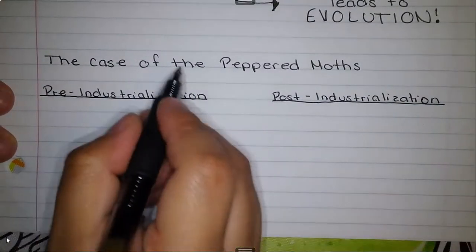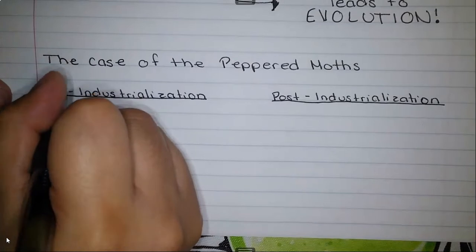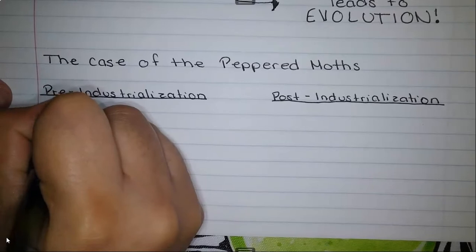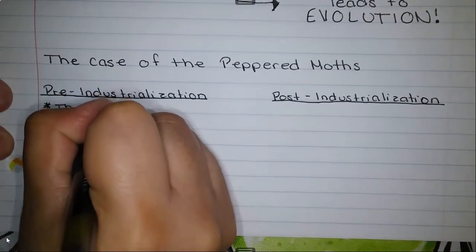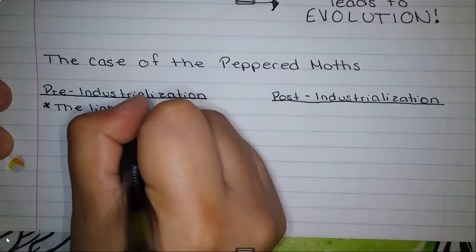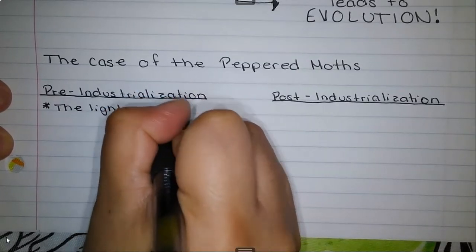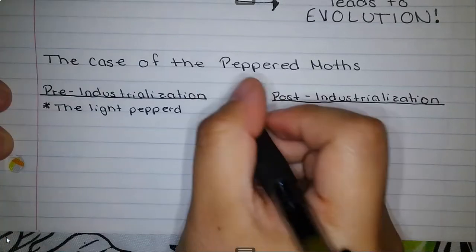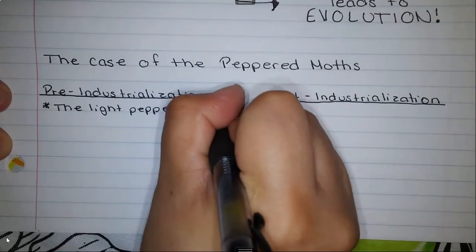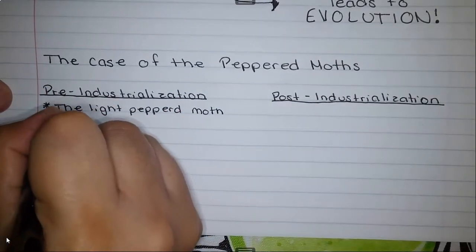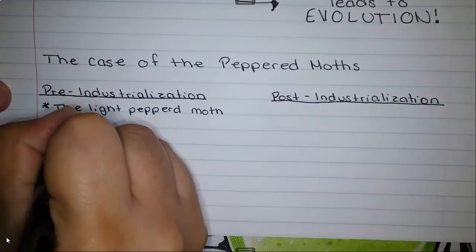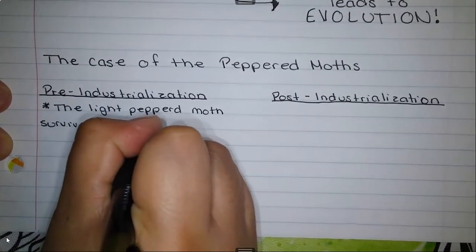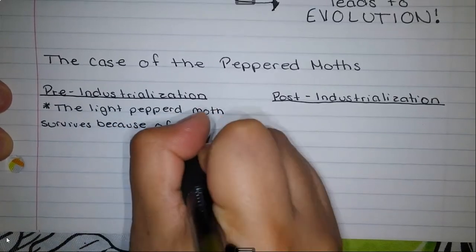Okay, so before industrialization, the light peppered moth survives because of camouflage.